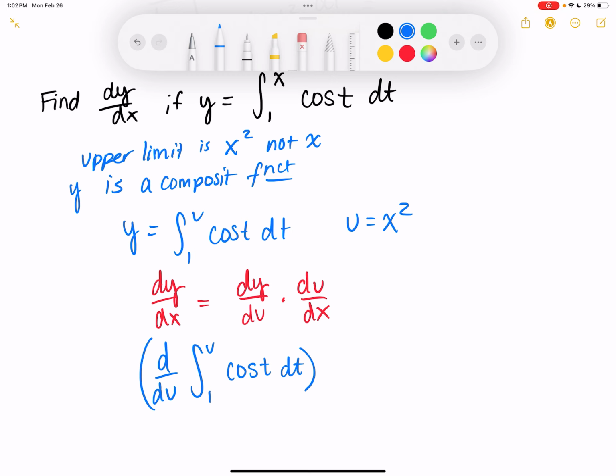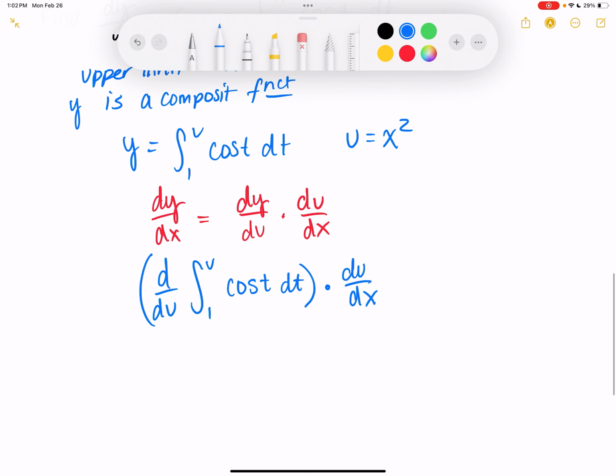times du dx. So now, ignore the du dx part. Based on what we did up above, what do I do with this integral here? What is this going to be written as? Cosine x. Well, use the variable of integration. Cosine u.